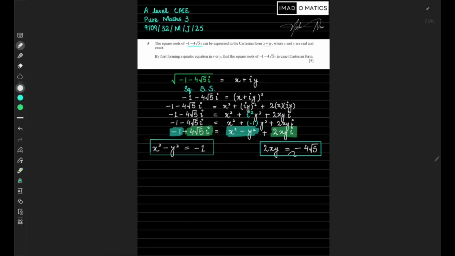Let's take any one variable as subject, x or y. So x comes out to be equal to -4 root 5 over 2y, and that gives you minus 2 root 5 over y.